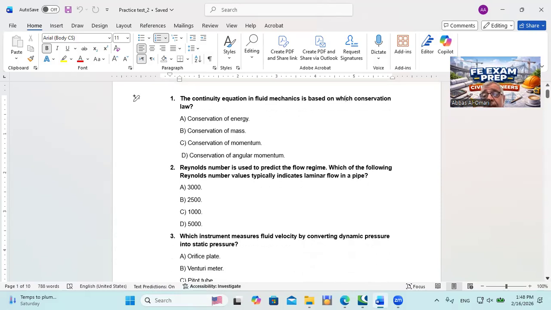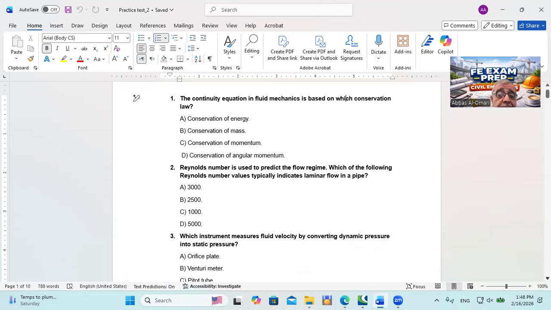If Reynolds number is less than 2000, then the flow is laminar. If the Reynolds number is more than 4000, the flow is turbulent. If the Reynolds number is between 2000 and 4000, the flow is in a transition state.